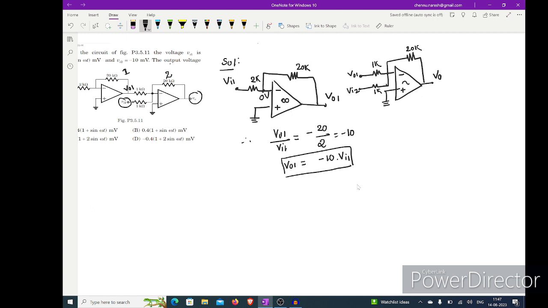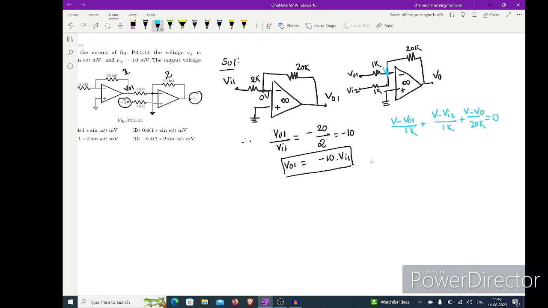Again this op-amp is an ideal one. We can use the virtual ground concept, so 0 volts will appear here. So we'll apply the KVL. I will apply the node analysis here. We'll assume this is V. So we'll write (V minus V01) by 1k plus (V minus Vi2) divided by 1k plus (V minus V0) divided by 20k equal to 0.